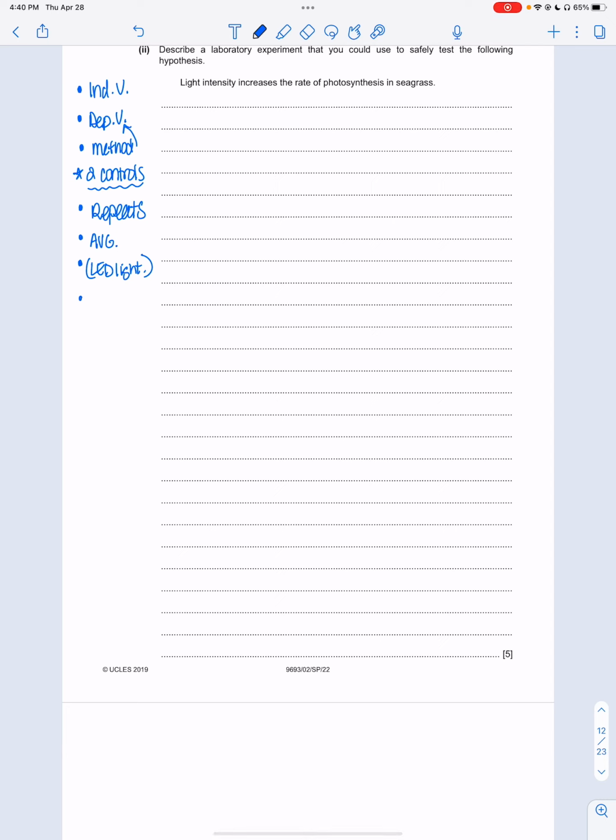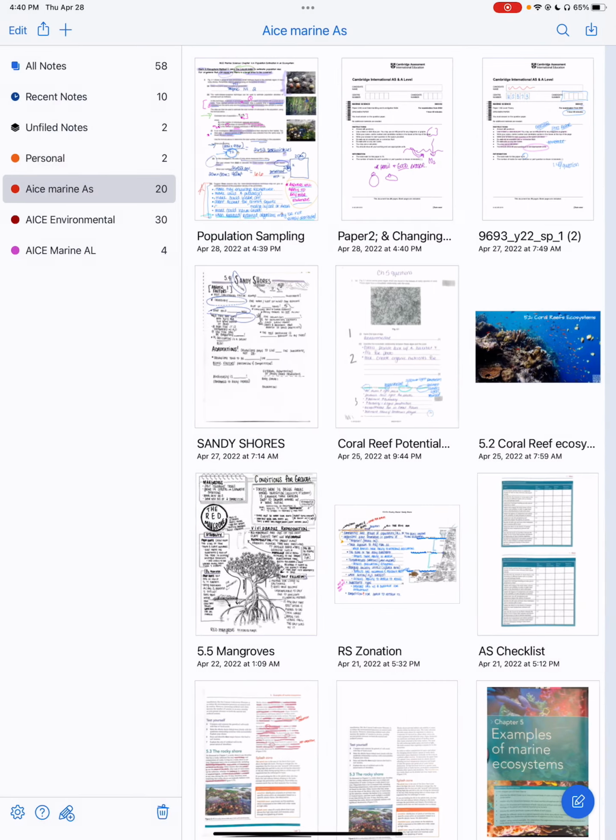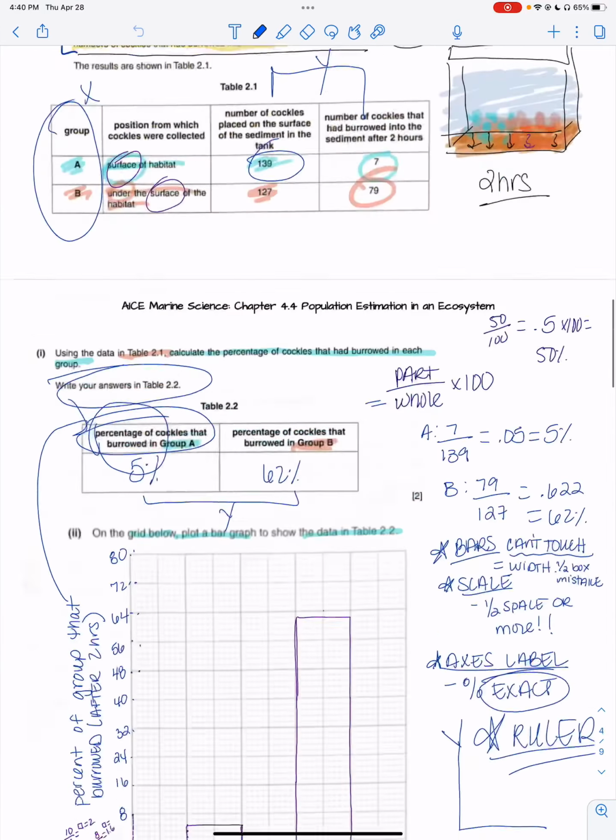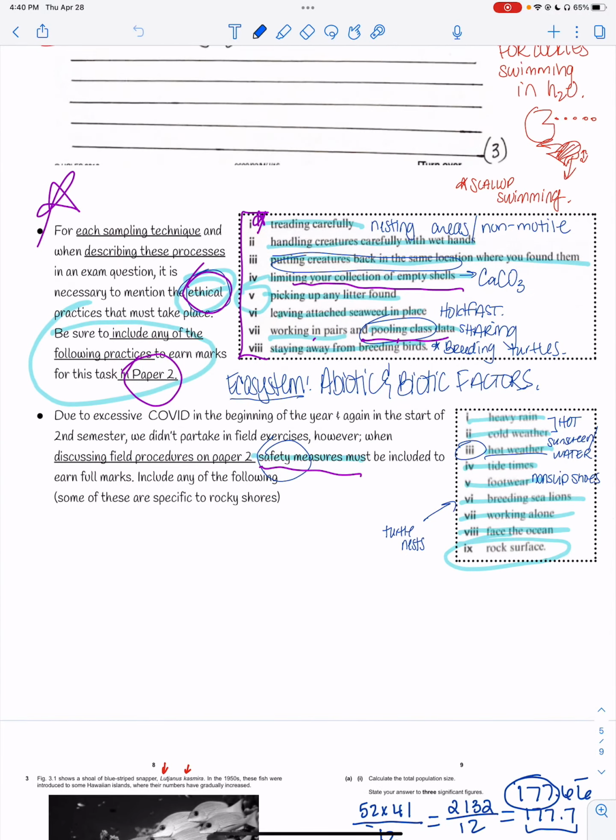Okay, maybe a little detail about CO2 I can mention. And then of course, I'm going to refer back to this one that I lectured about already. New in paper 2, and I handed this out in class to you guys Thursday before Easter. For sampling techniques, one, you're going to need to talk about ethical practices.